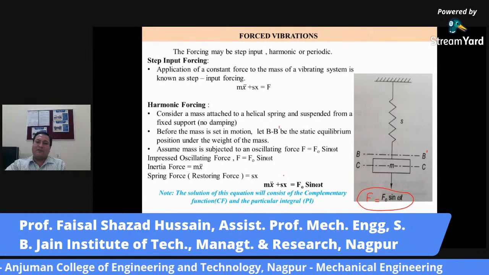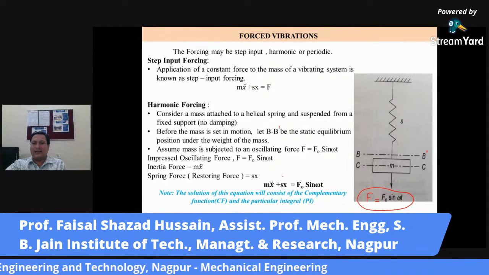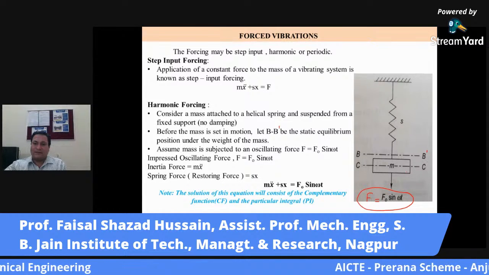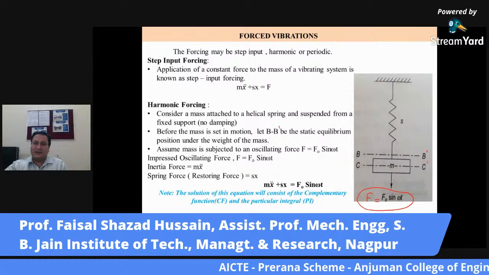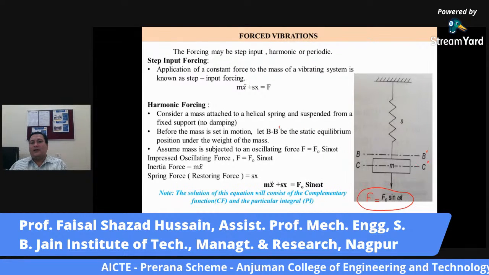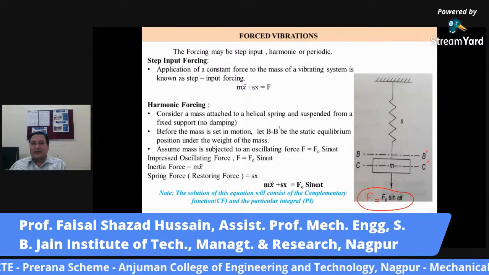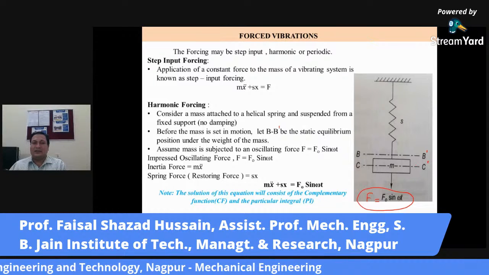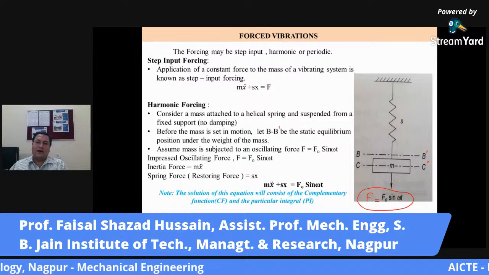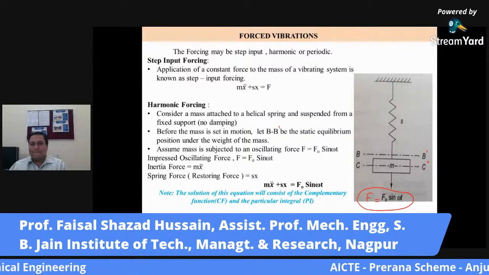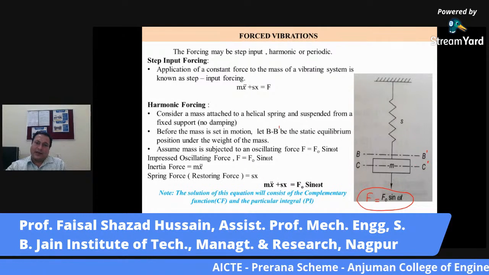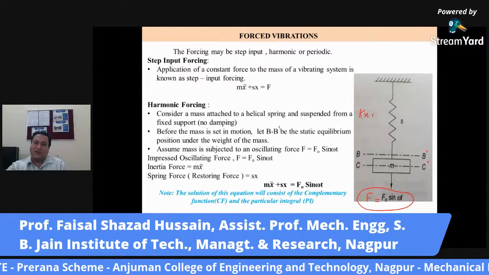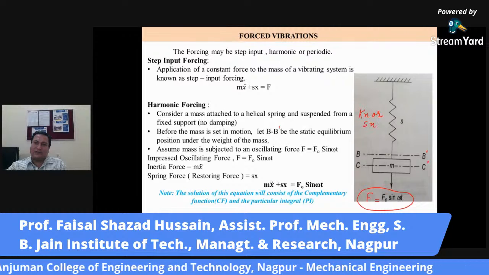When an oscillating force F0 sine omega t is applied, the equilibrium condition is disturbed, and now the body is displaced, and the axis is C dash. Now the mass is on the axis C dash. The position is displaced of the mass. So here, as displacement is downward, restoring force Kx or Sx will be upward.